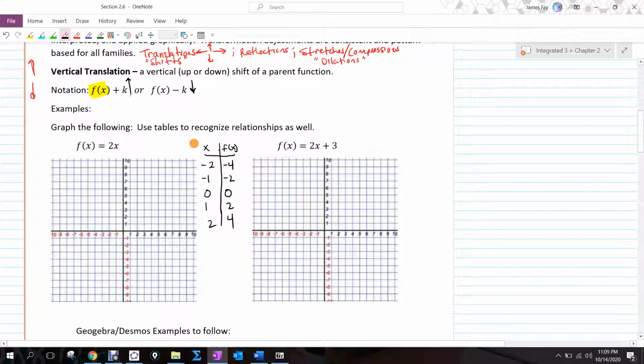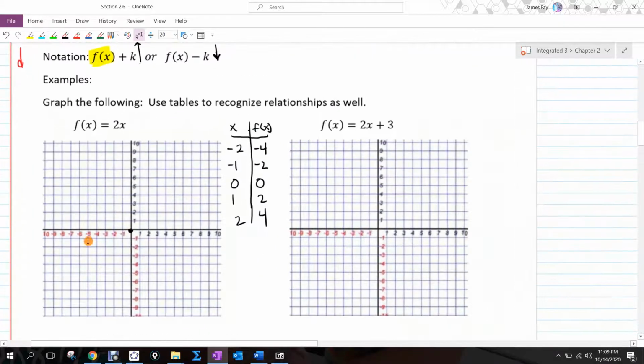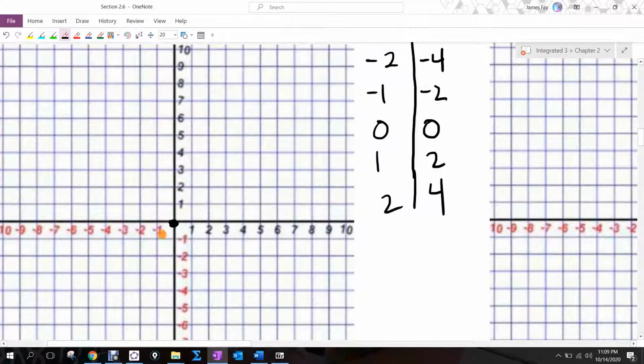Okay, so that's kind of Algebra 1 where we learn how to graph these things. If we want to graph this, obviously we go 0, 0. Let me zoom in here a little bit so I can graph it a little bit more precisely. 0, 0. We got 2, 4. 1, 2.